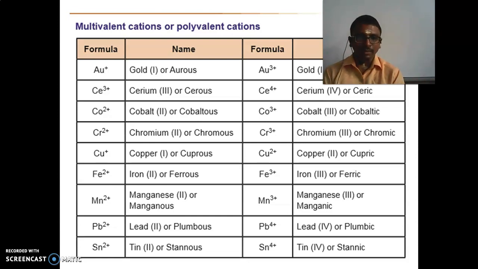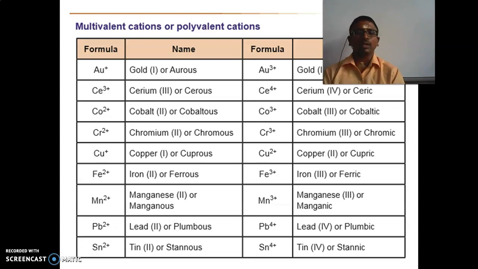If the element has two different valencies, the suffix, meaning the last letters, matters. If the element has the lower valency, the name ends with OUS. If the element has the higher valency, the name ends with IC.